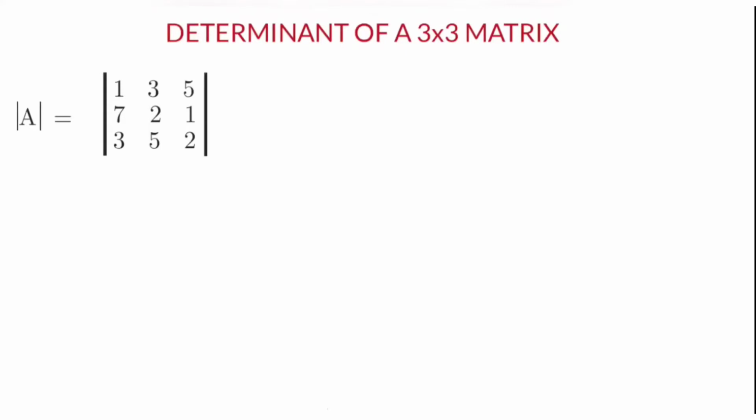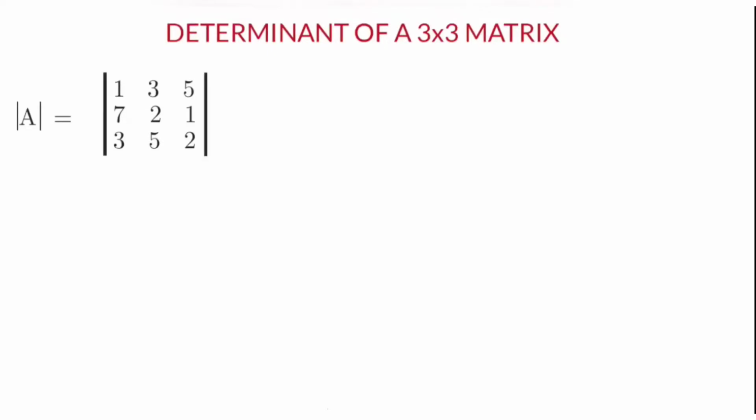Now, how do we calculate the determinant of a matrix? To calculate the determinant of a matrix, what we need to do is break up this determinant into determinants of smaller order. Here, this is a determinant of order 3 because it has 3 rows and 3 columns.